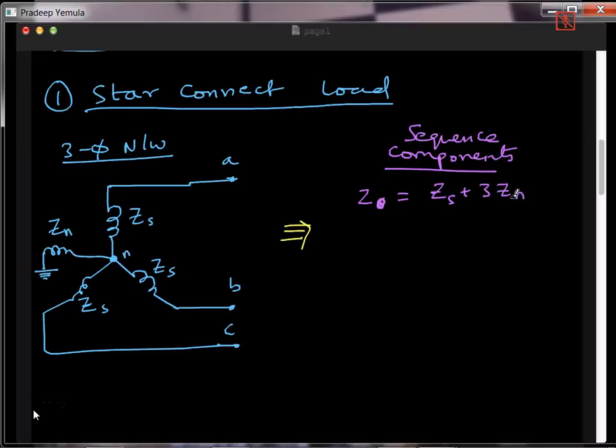This is the zero sequence component. Z1, positive sequence impedance, will be nothing but Zs, and Z2, negative sequence impedance, will be nothing but Zs.